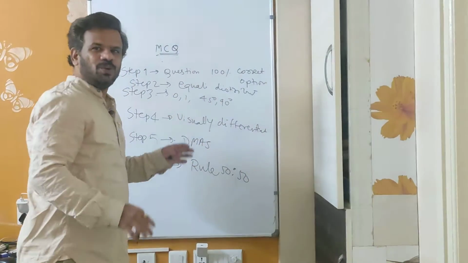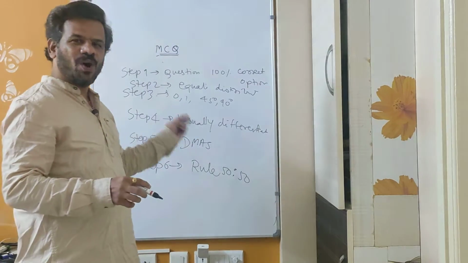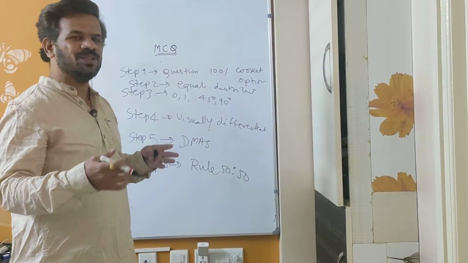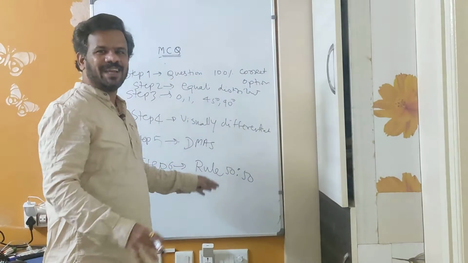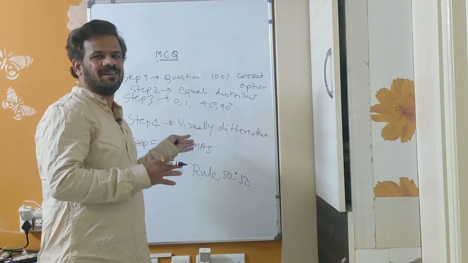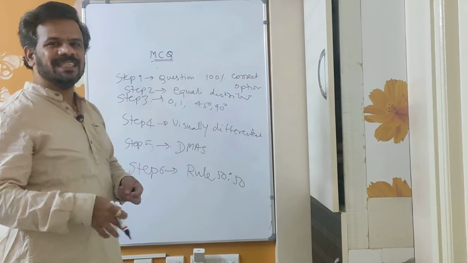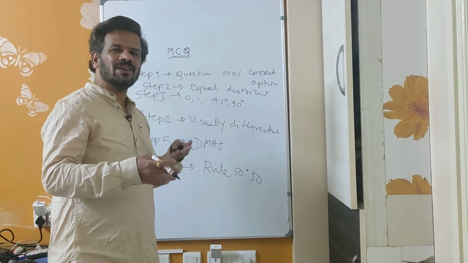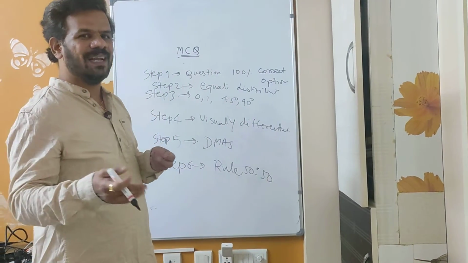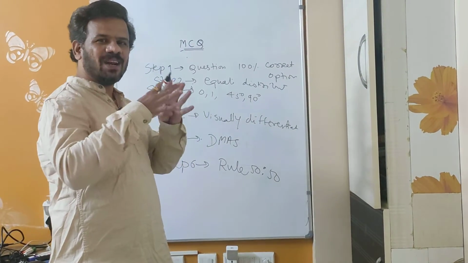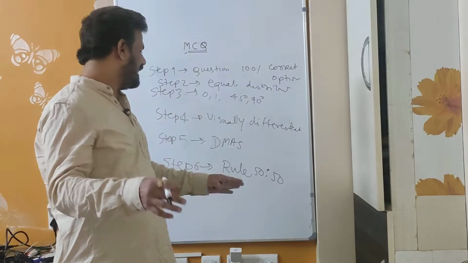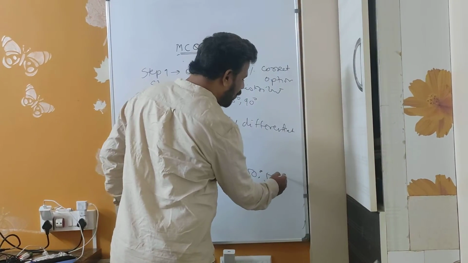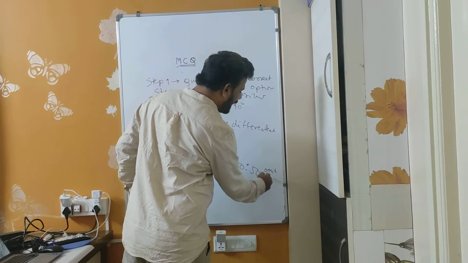You omit 2 options which are not at all possible, and using common sense you know that it is impossible to get this option. Maybe through daily life usage, or through some knowledge, or you might have heard it from someone, and that is how you gather all the information and make sure that you use rule 50-50 and omit any 2 options.